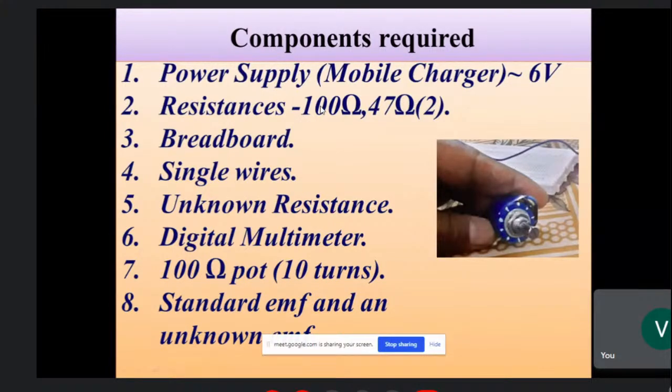This carbon resistance has no such cost. Breadboard is around 80 rupees, and one digital multimeter is around 100 to 120 rupees. And that 100 ohm 10-turn pot is around 200. So using these components, we can measure the unknown resistance.